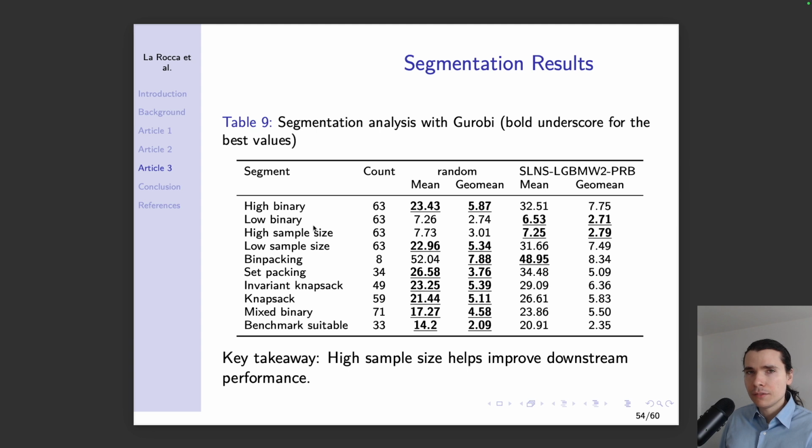This is intuitive because if we have access to more data, we can make better predictions. However, on most other segments, we do not outperform random, which seems to suggest that this is a very difficult problem, to predict high quality solutions on a diverse set of instances.